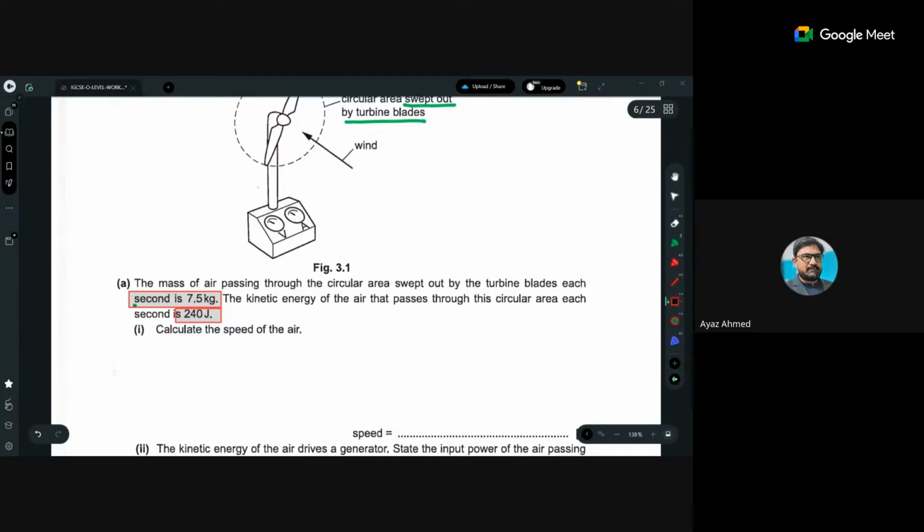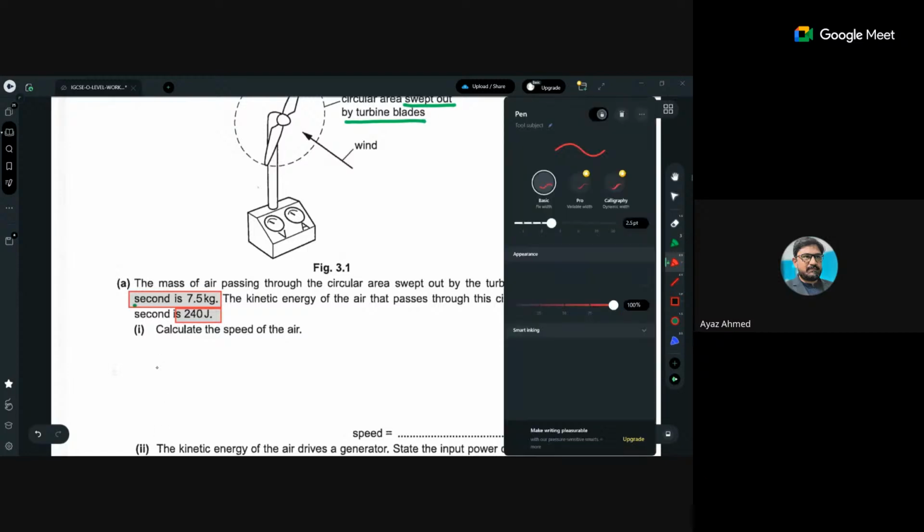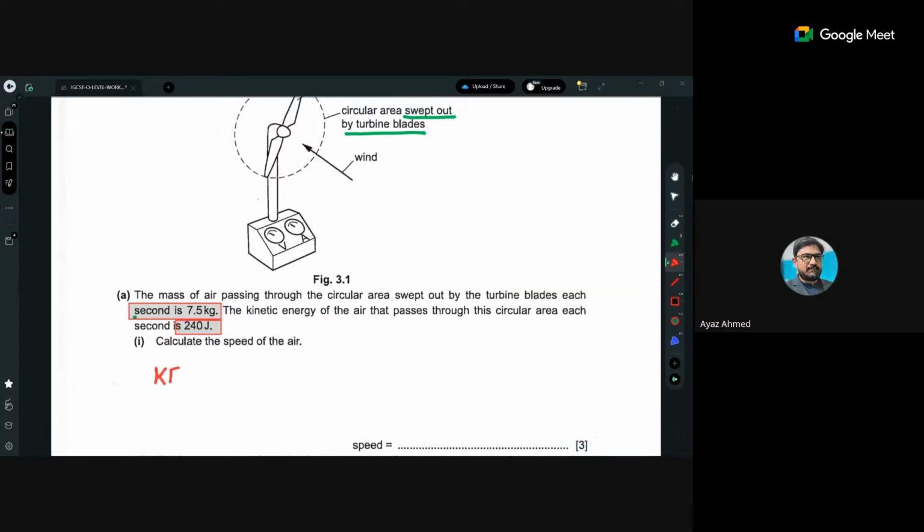So what I have to do, I have to use the formula: kinetic energy is equal to 1/2 mv square, which is 240, equal to 1 by 2 mass per unit time. What is mass per unit time? I mean mass per second.